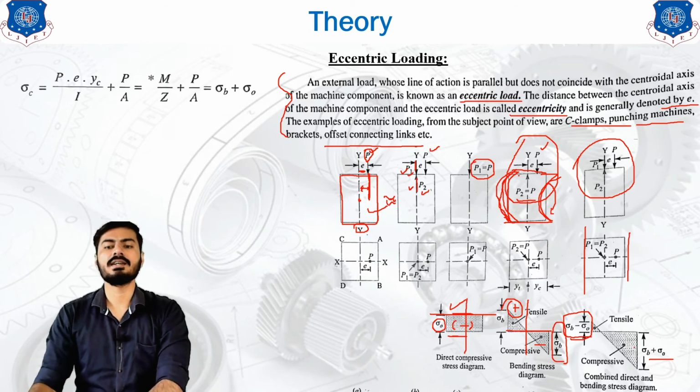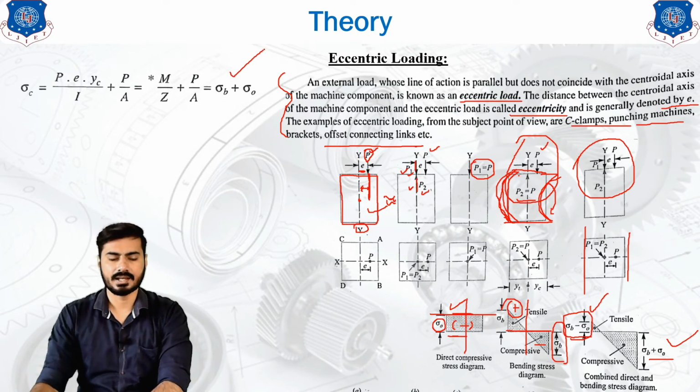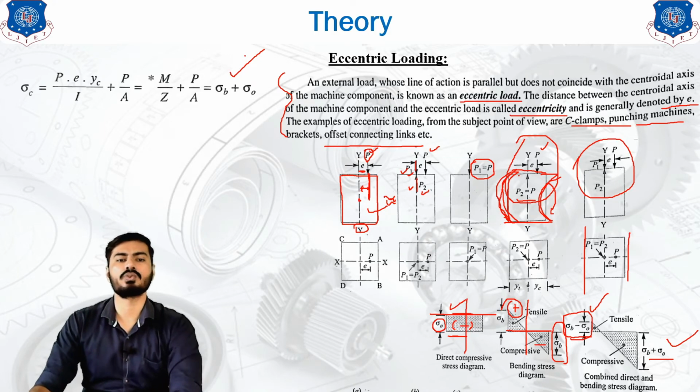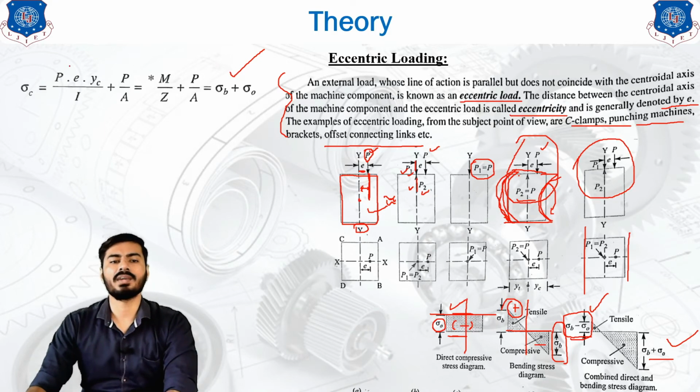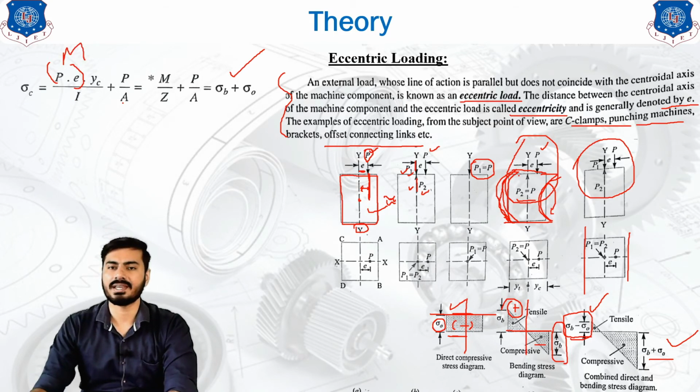Now using those two equations, we are going to consider both the equation for compression and for tension. The compression equation is represented like this: sigma c equals P e c upon I, which is nothing but My by I, where M is the moment, plus P by A. That is the basic formula of axial stress, and this is the basic formula of bending stress.